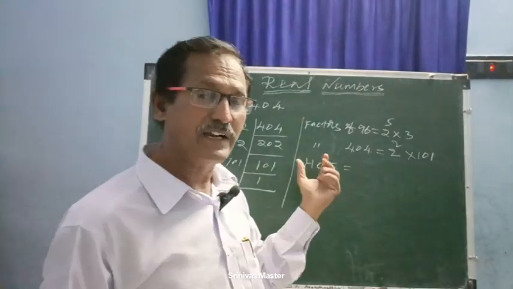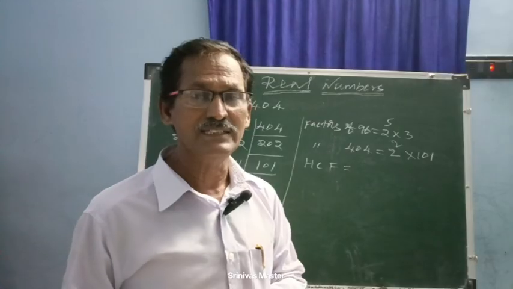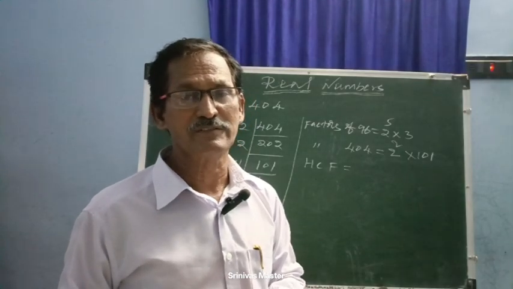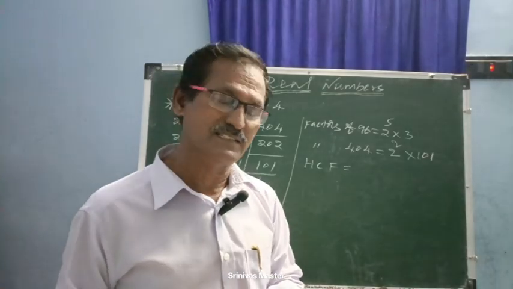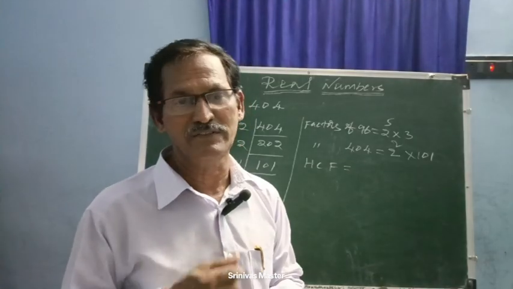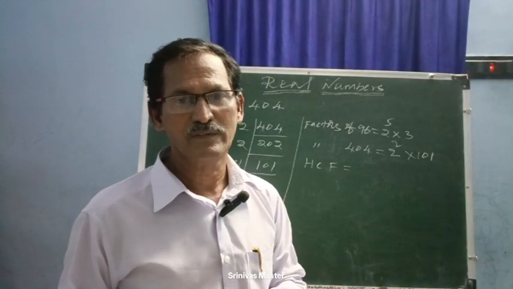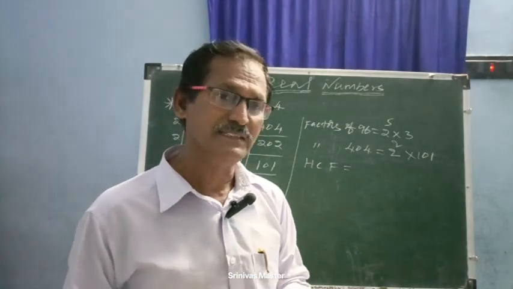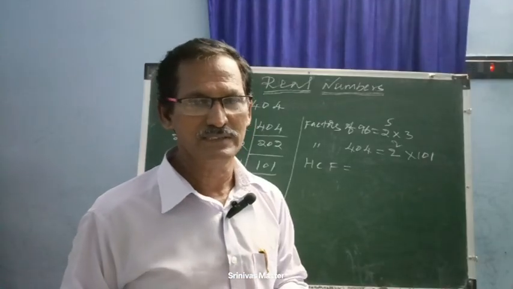To find the HCF, when you are expanding in the exponent form, the least power of the prime number of the given numbers is called the HCF. Whatever the number of numbers, we have to take all the powers with respect to their least power.